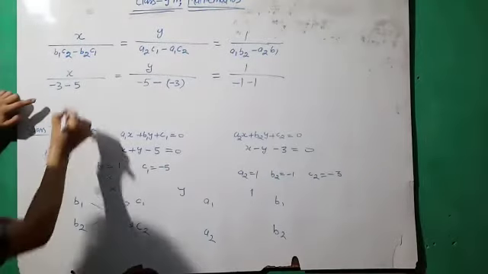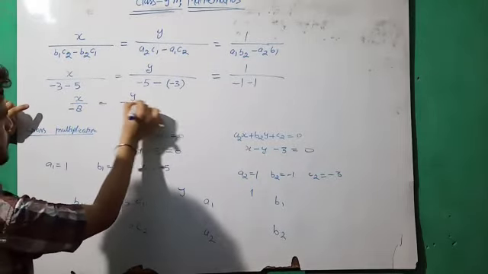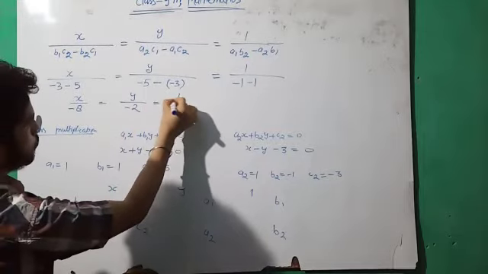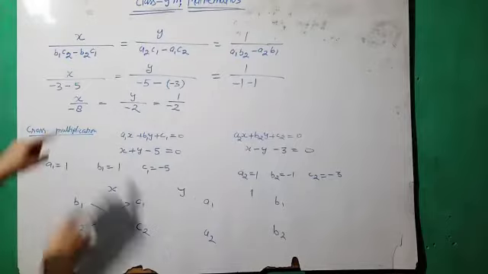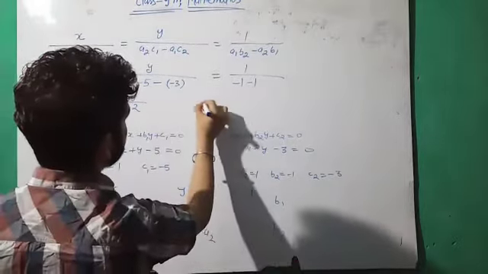Now x upon minus 8 equal to y upon minus 5 plus 3, minus 2, equal to 1 upon minus 2.